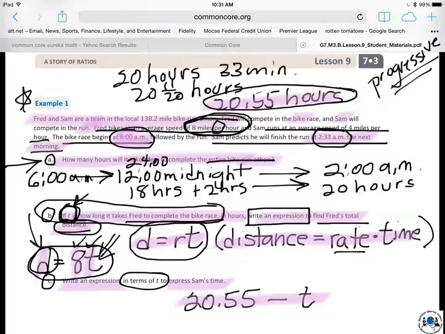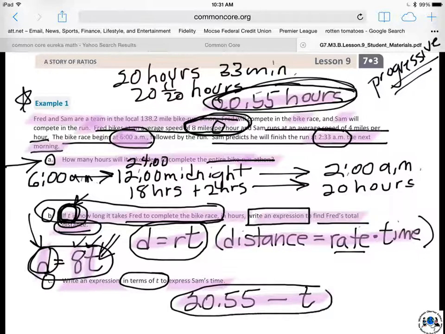We've solved for the total time, 20.55 hours, and t represents Fred's time. Since one is going to run and one is going to ride, Sam's time is just total time minus Fred's time.